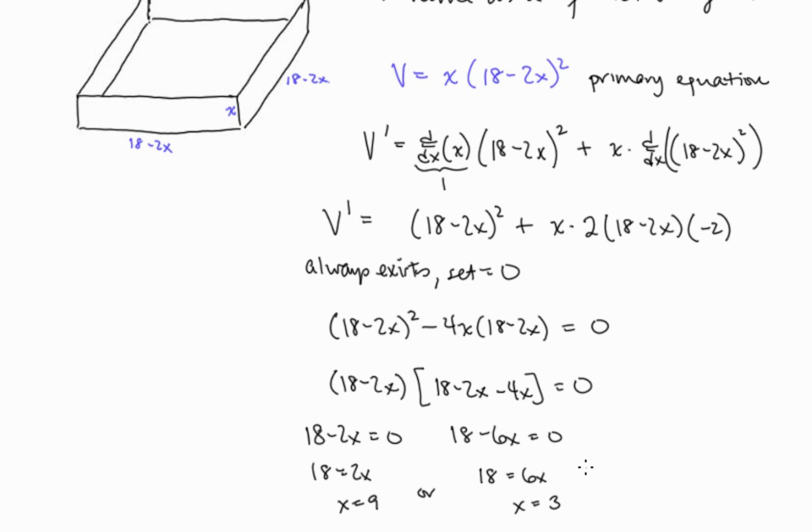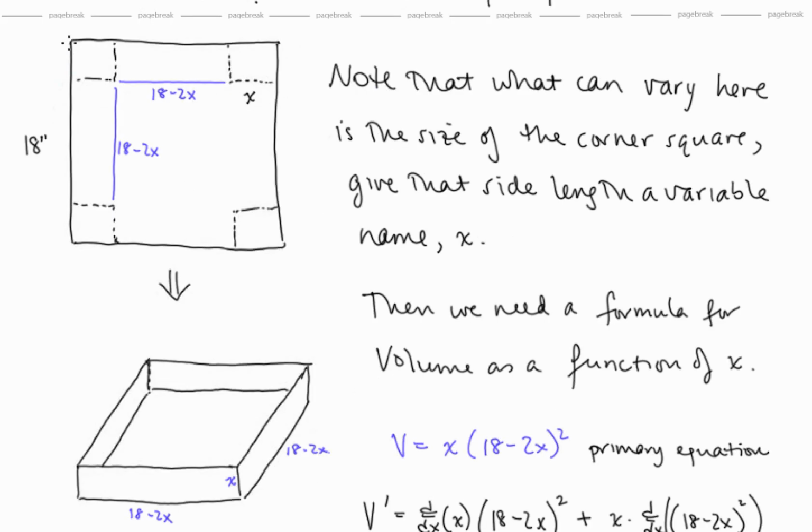Now let's take a look at each of these x values. If x is equal to 9, we're starting with a square of length 18 inches. If we cut out squares on each corner that have side length 9, we're not going to have a box. We're going to have cut away the entire piece of cardboard.